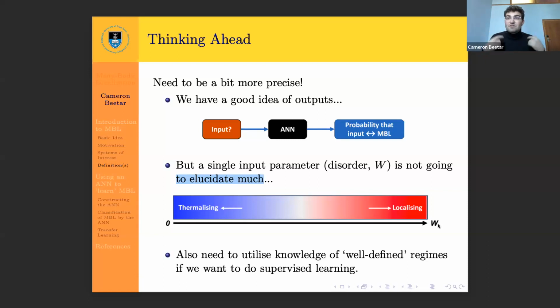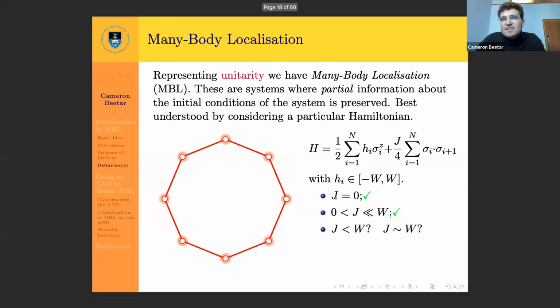So there's not really much information encoded in that other than some critical disorder value. So we would like to figure out a little bit more about the transition between thermalization and localization. And in order to do that, we need to make use of some sort of well-defined regime. A well-defined regime here is this small value of J with respect to W. And we know that that's where unitarity wins, so localization wins.